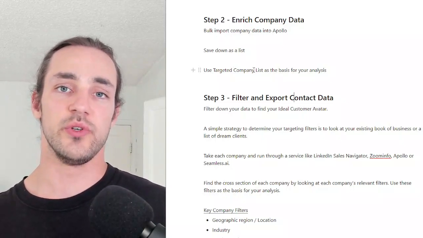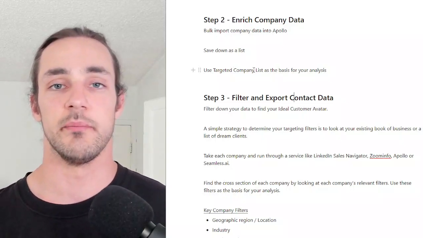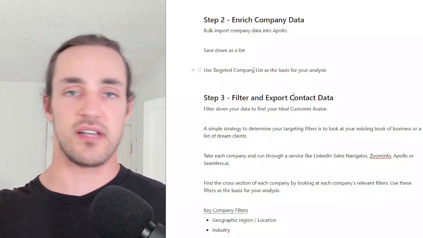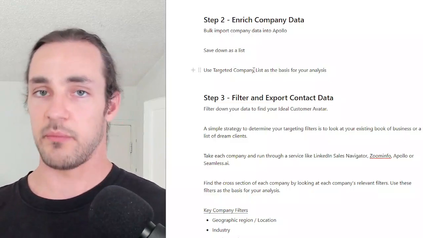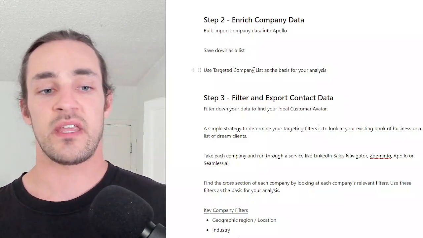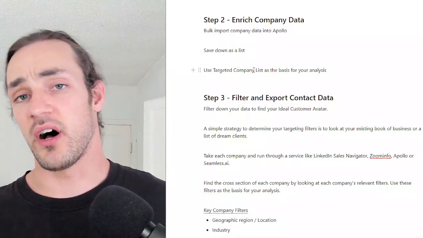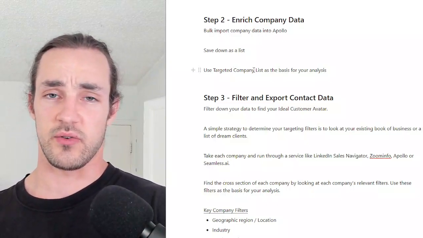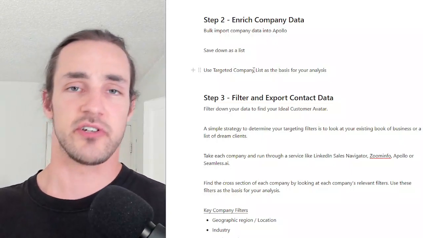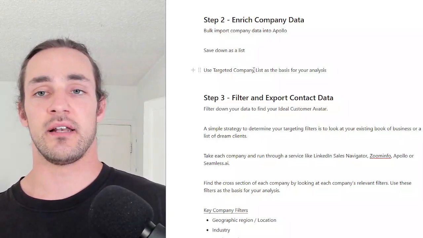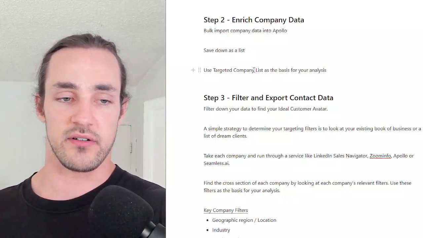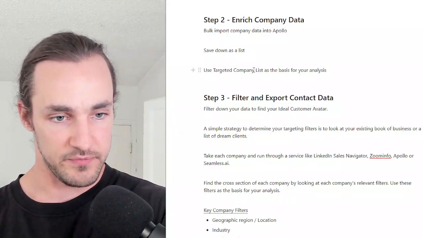So think about who you've actually transacted with, who has held budget in the past, and then think about that relative to the size of the company or the vertical of the company or some other common factors. If you don't have a broad book of business so far, what you can do is you can just look at a dream list of clients or an aspirational list of customers and go and triangulate based on the common factors, which we'll get into in a second.